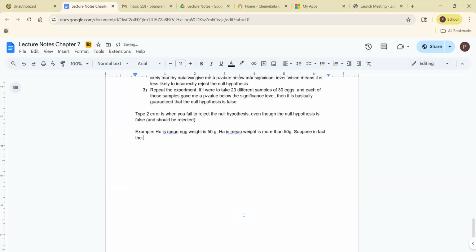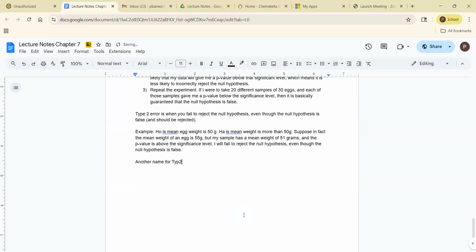Suppose, in fact, the mean weight of an egg is 55 grams, but my sample has a mean weight of 51 grams, and the p-value is above the significance level. I will fail to reject the null hypothesis, even though the null hypothesis is false.